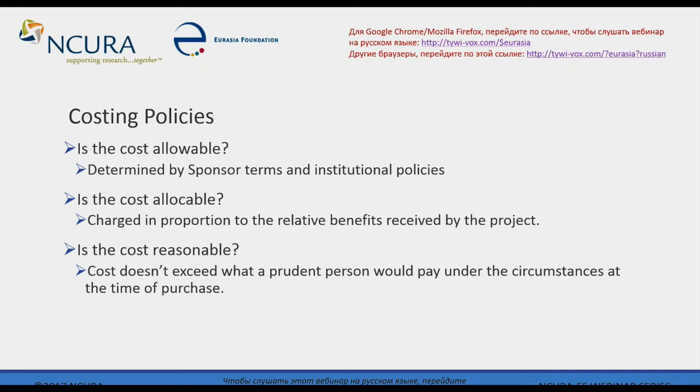Is the cost allocable? In other words, is the expense charged in proportion to the relative benefits received by the project? And finally, is the cost reasonable? Meaning that the cost doesn't exceed what a prudent person would pay under the circumstances at the time of purchase.